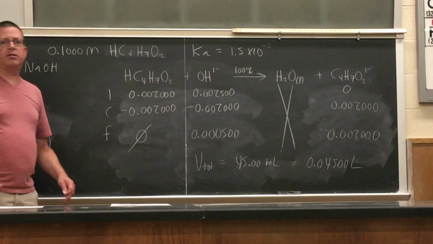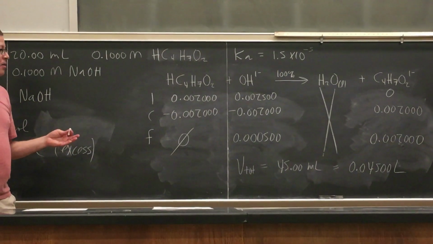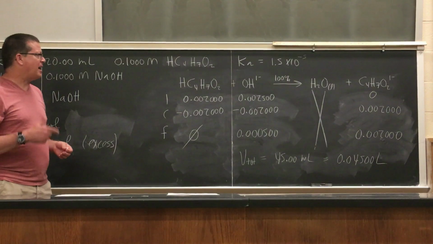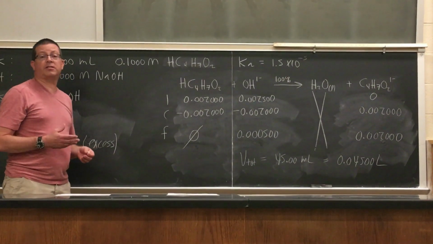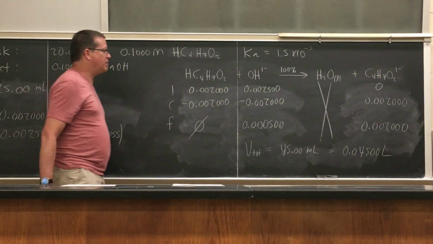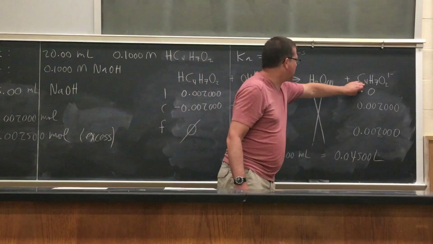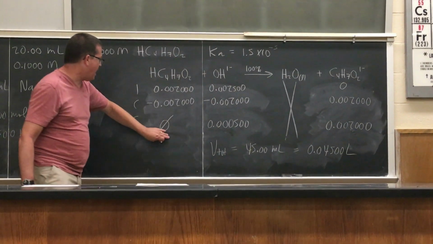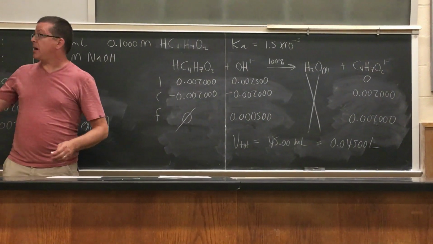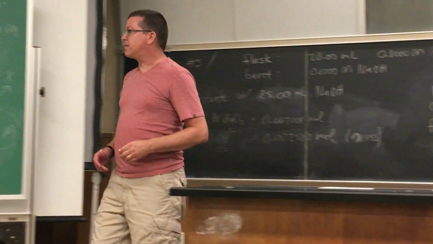So now what we want to do is we want to plug these values expressed as concentrations back into the ice table. And again, the ice table is going to be in terms of the dissociation of the weak species that we have in solution, which in this case has to be the conjugate base, because again, I don't have any of the conjugate acid left. So now we're going to make our way over to the ice table that we talked about.